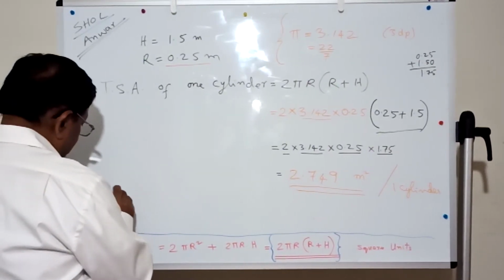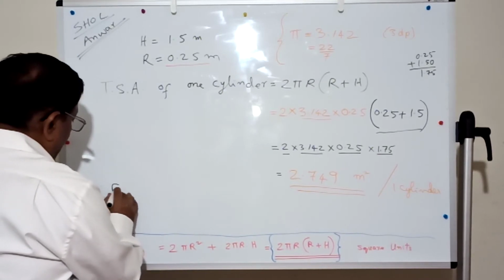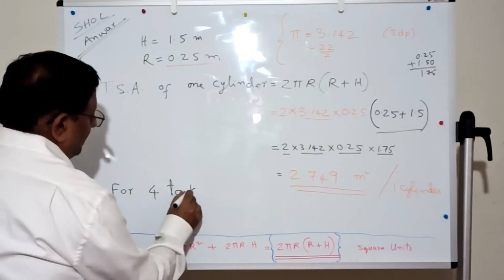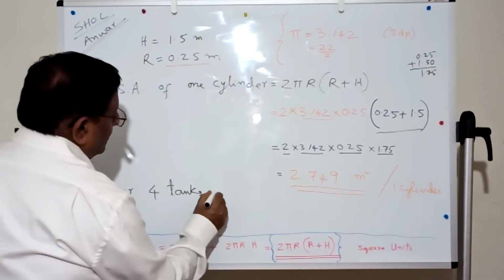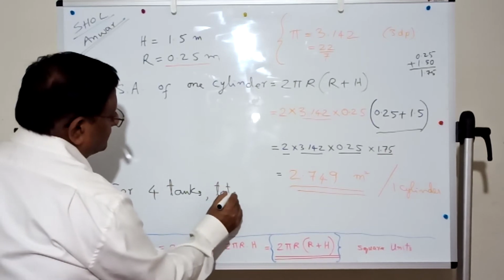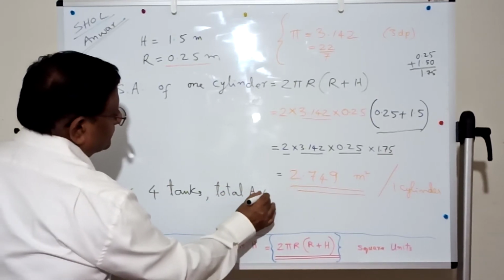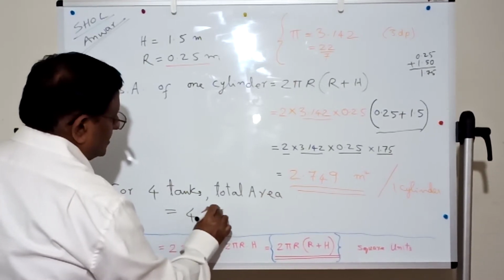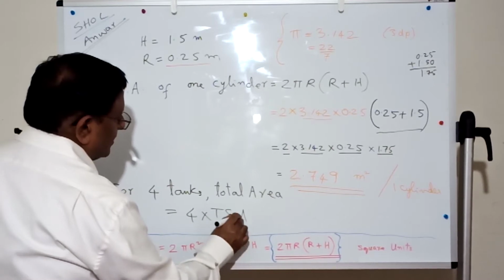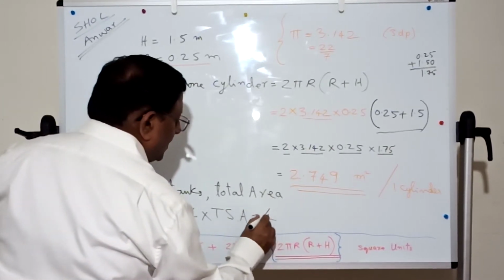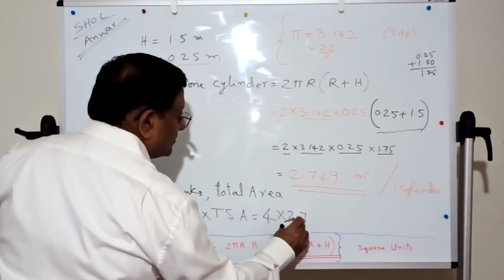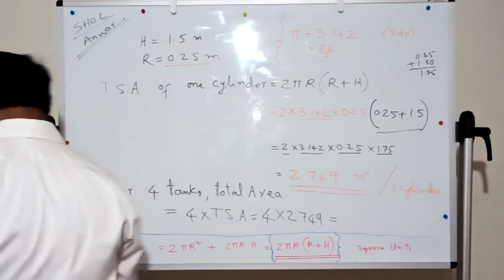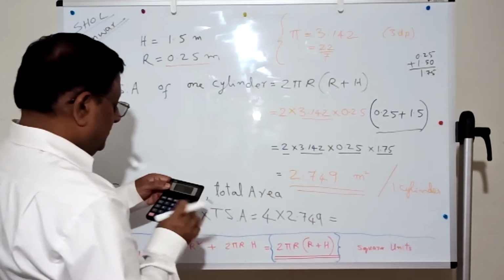So you can say for four tanks, the total area is equal to 4 times the TSA of each tank. That is 4 times 2.749 square meters, and we can just multiply this.